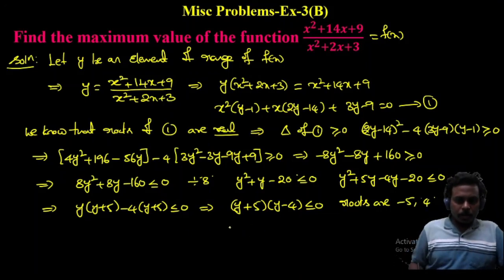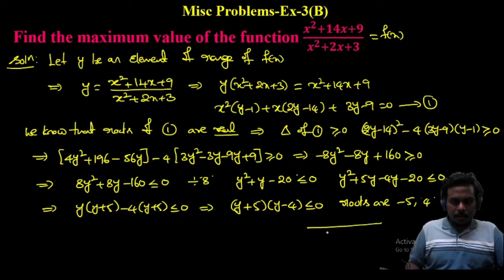Okay, so on the real number line, let me draw a real number line. So I have minus 5 and 4, and the y square coefficient is equal to 1, which is positive.